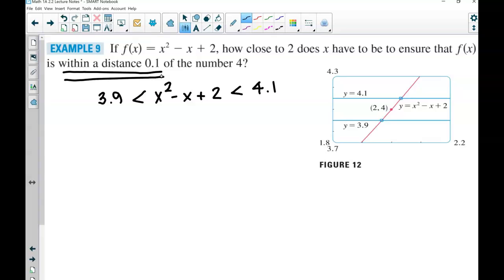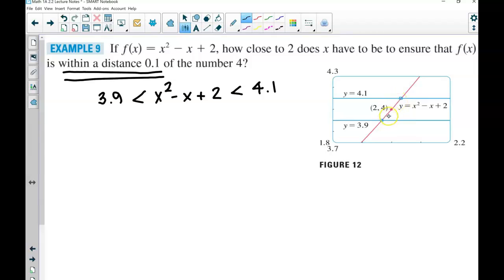Now we need to determine the values of x such that the curve y equals x squared minus x plus 2 lies in between those two horizontal lines, y equals 3.9 and y equals 4.1. Now we graph the curve and lines near the point 2, 4 in that figure.